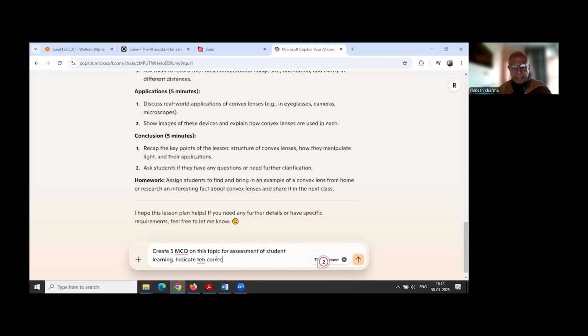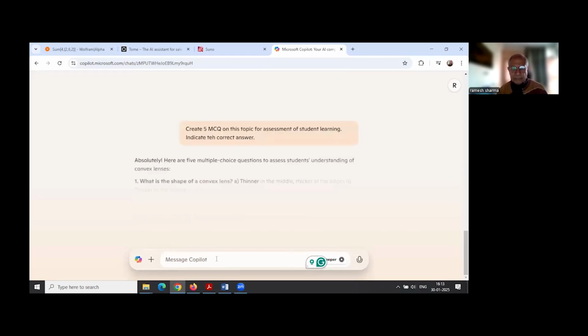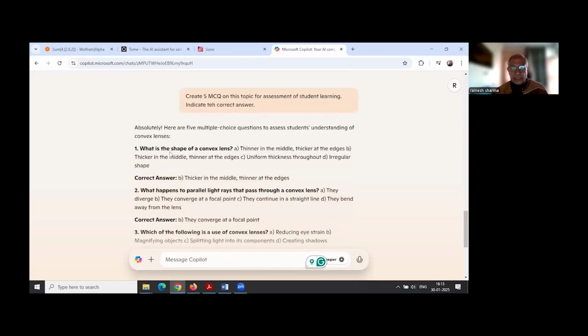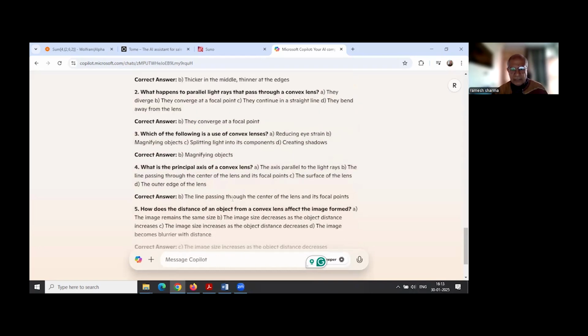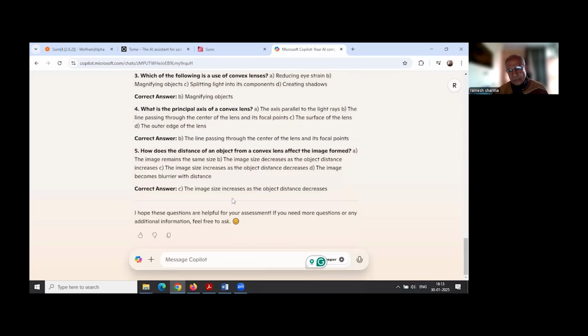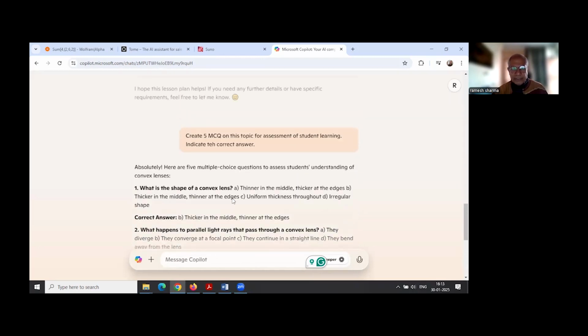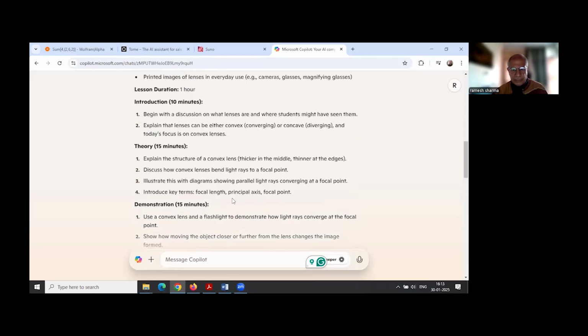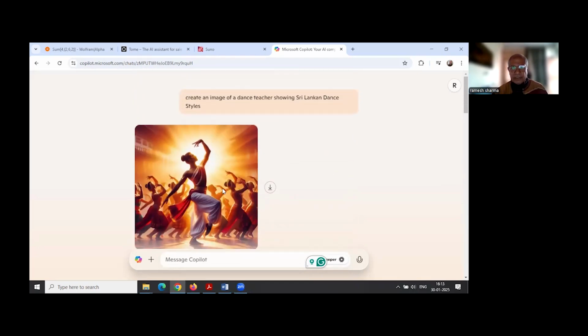Indicate the correct answer. So here, what is the shape of a convex lens? Thinner in the middle, thicker on the edges. Is this. Correct answer is this. And it has created MCQ based on that. So this is how it helps us.